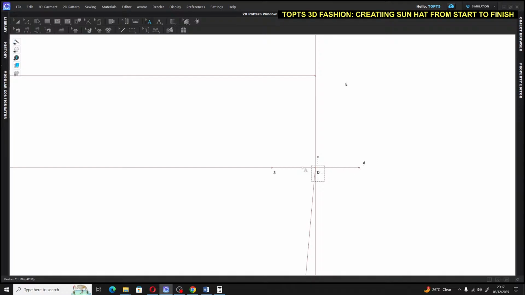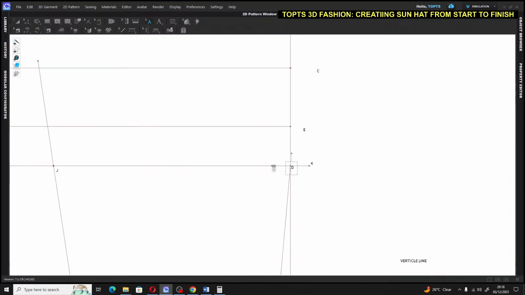Then from D, we have marked inwards 0.75, which is going to be our small sleeve. You're going to see how we make 1 in 2. It must be 1 in 2. Then we scoop out the small sleeve from it. You're not going to get lost.